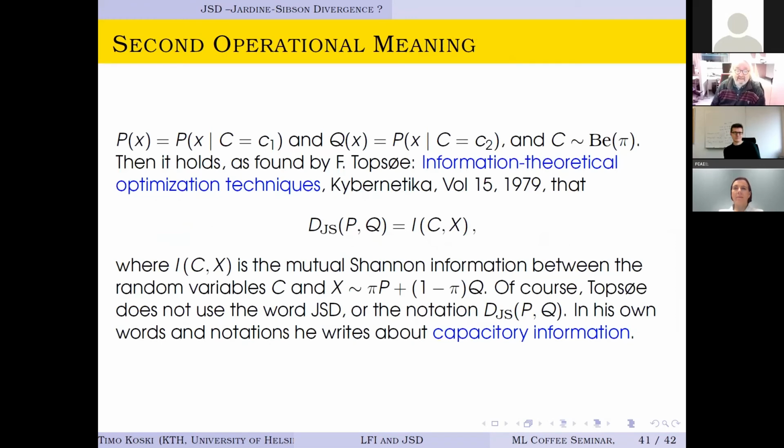Then there's another person, Flemming Topsøe, I can't pronounce it in a proper Danish manner, 1979, who defined this Jensen-Shannon divergence in a quite different manner. And he points out that, let's suppose that I have a Bernoulli random variable C with parameter pi, and Q of x is the probability of x given C2, P of x is the probability of x given C1.